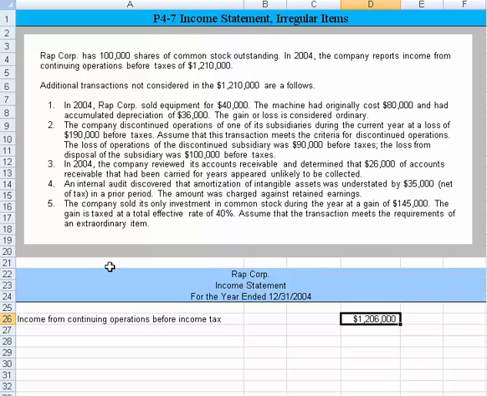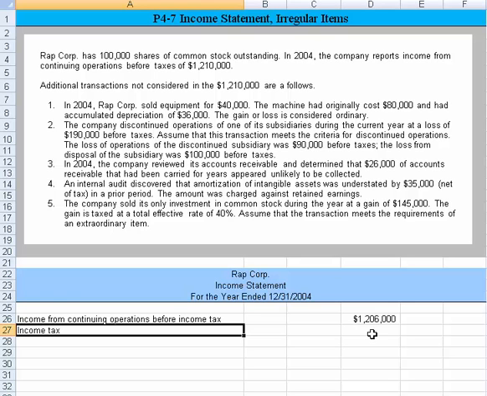Then the next item we need to deal with. The other items are all what I call below the line. They're unusual items, but we need to consider the taxes, and taxes are 40%. So let's drop in income taxes.